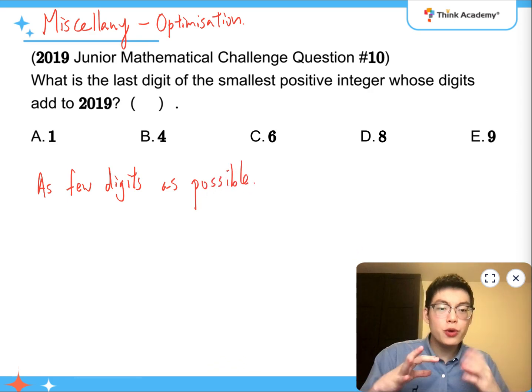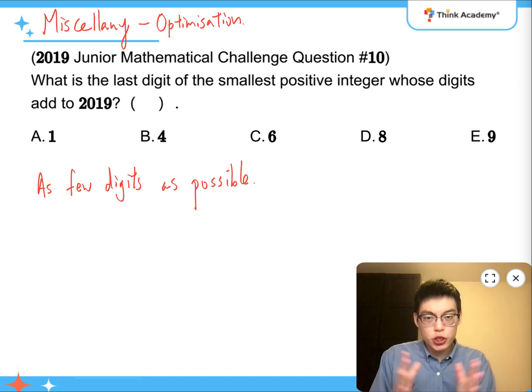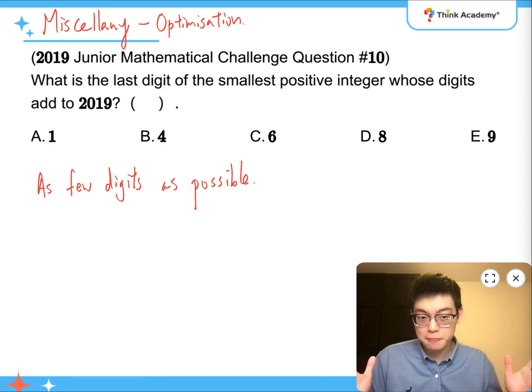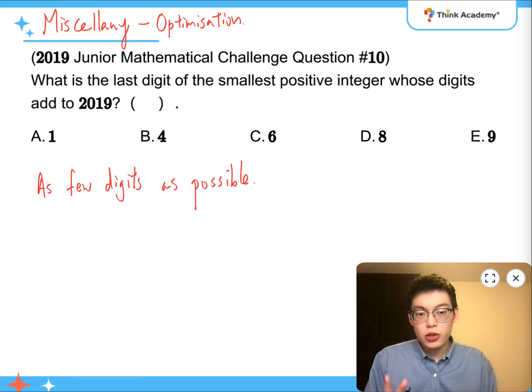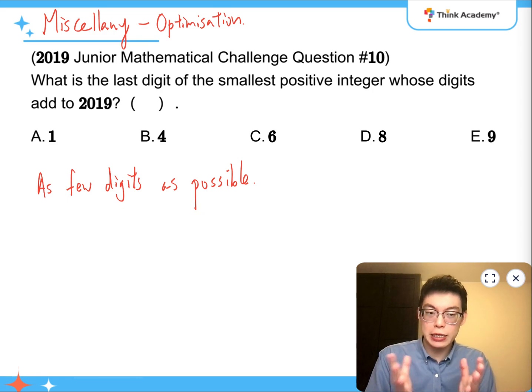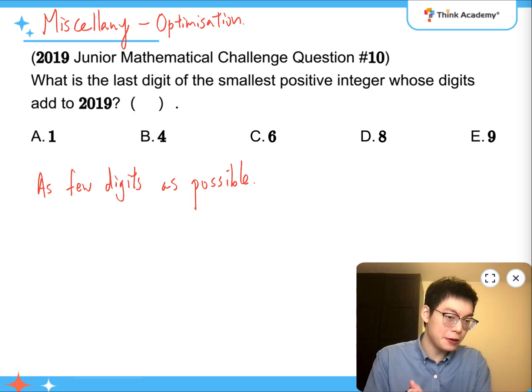But then we also know that all the digits add up to 2019 no matter what. Which means that if you want as few digits as possible, you want every single digit to be as large as possible, right? Think about it. If I have a 9, it is just having a sum of 9, right?